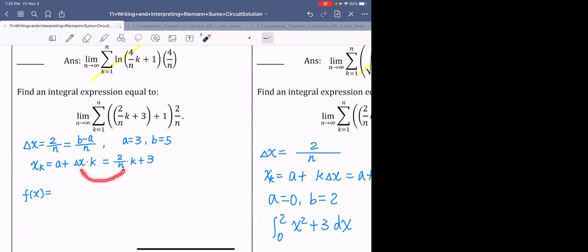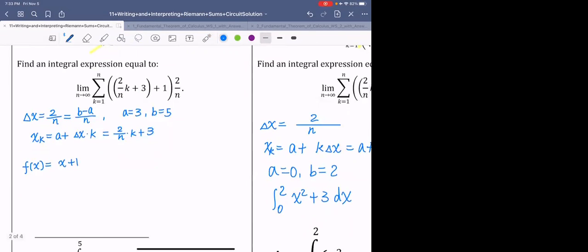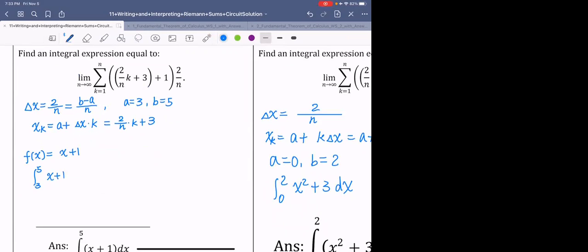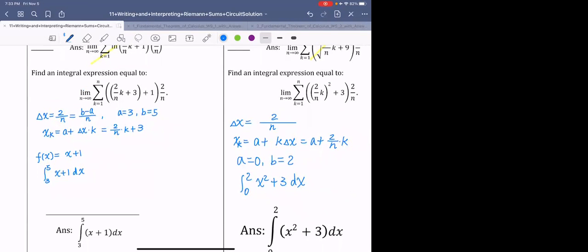So that is your x. This is gone, x plus 1, right? And then let's say integral. Definite integral from where to where? 3 to 5. From 3 to 5, and then fx is x plus 1, and then dx. Make sense? Okay. Feel better about this question now?